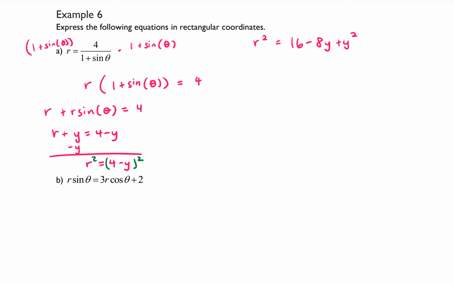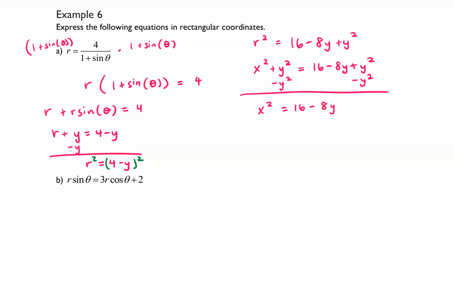And then r squared, hopefully you recognize that that is equal to x squared plus y squared, so I'm going to make that substitution there. And now what I can do is I can subtract y squared on both sides, and I will get x squared is equal to 16 minus 8y.